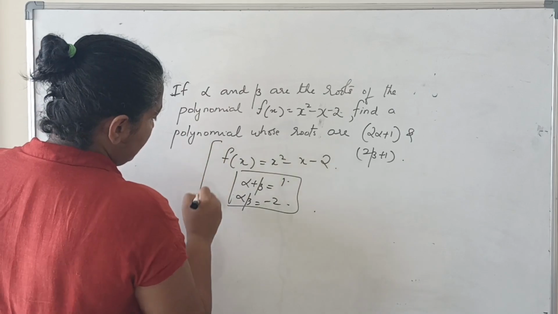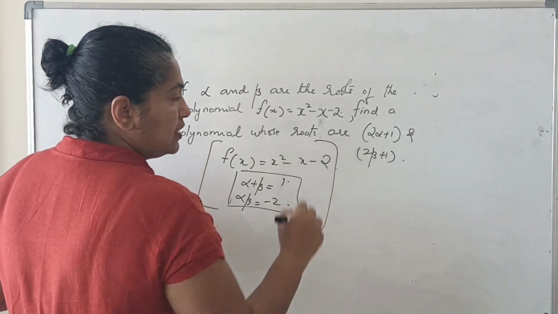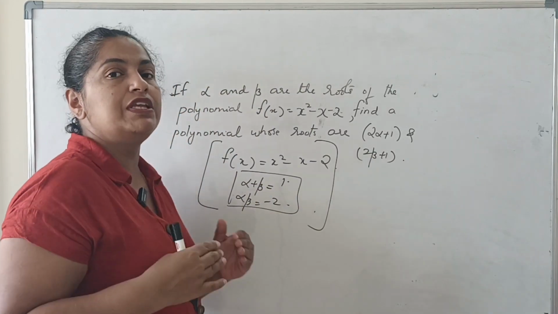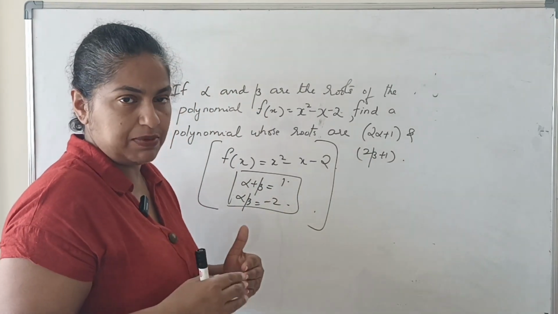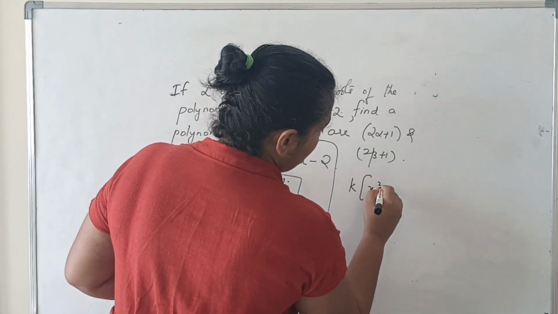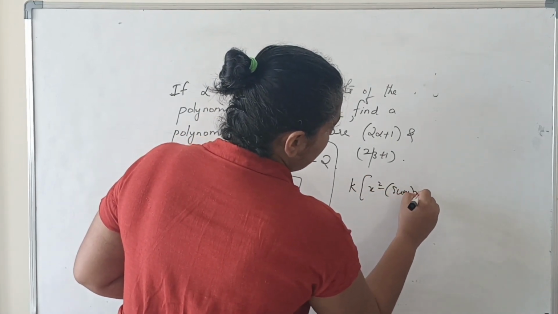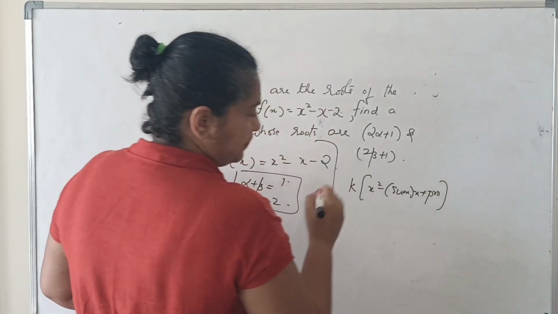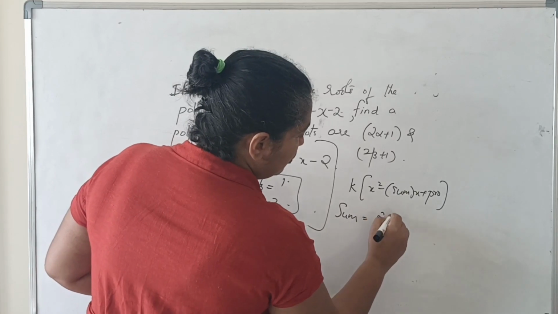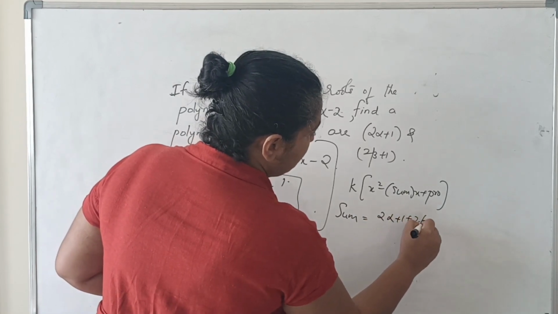So this part is given to you. Now the roots of the second polynomial which we need to find is 2 alpha plus 1 and 2 beta plus 1. So you know that the equation of the polynomial is k into x square minus sum of the roots into x plus product. So sum of the roots in this particular case is 2 alpha plus 1 plus 2 beta plus 1.